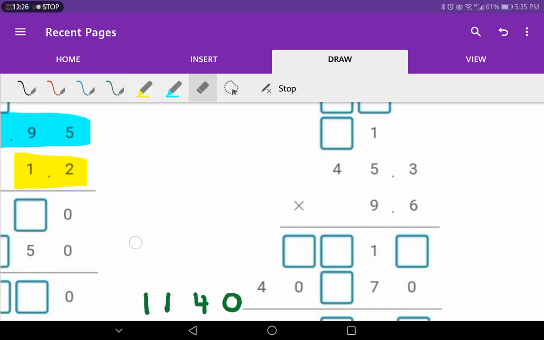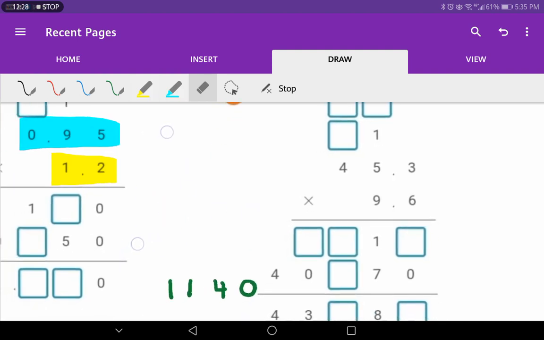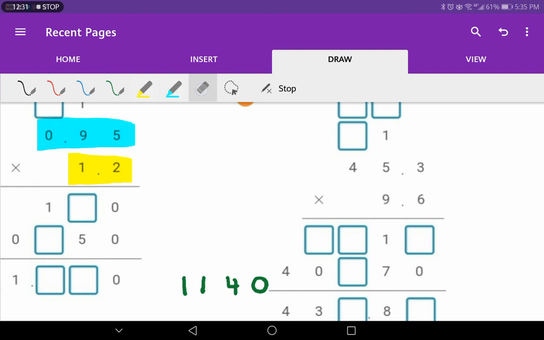Now I'm coming back to my factors here and check how many digits I have after the decimal point. Remember, this is the decimal point and this is the decimal point. See, this is 1 digit in the first factor and 1 digit here, so the total is 2 digits.